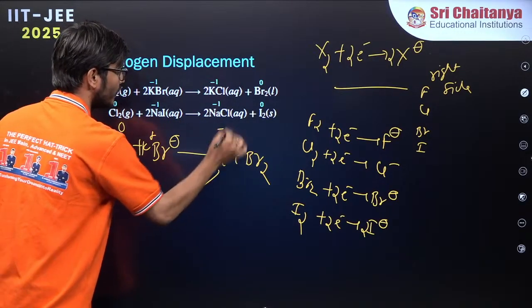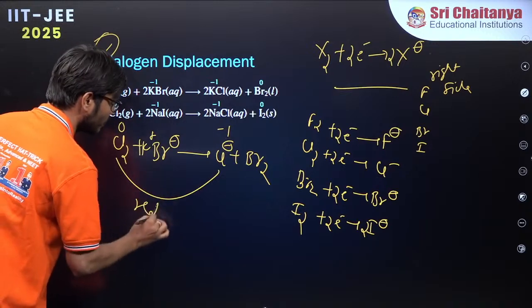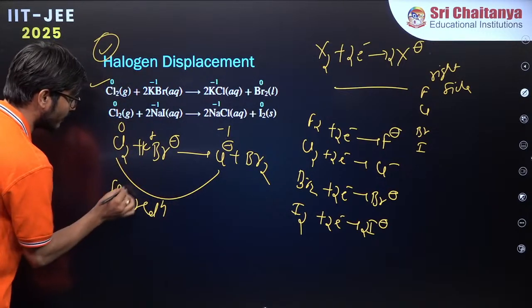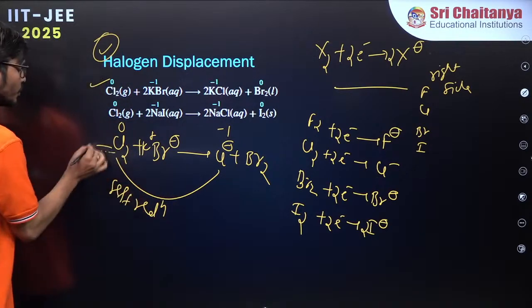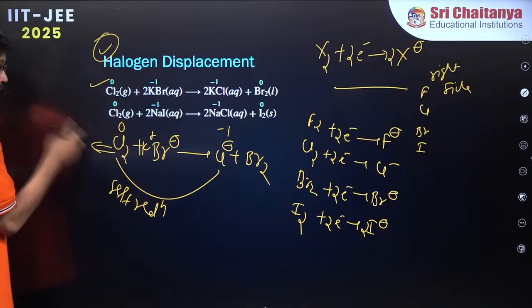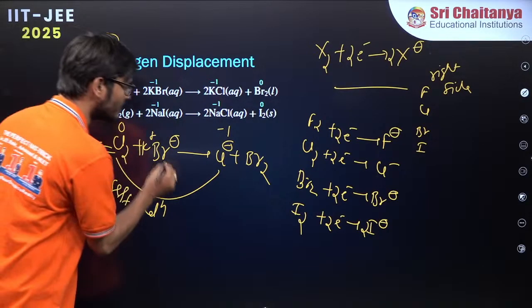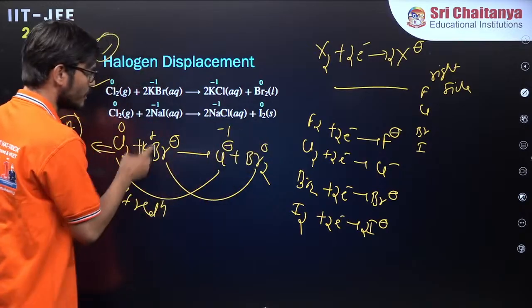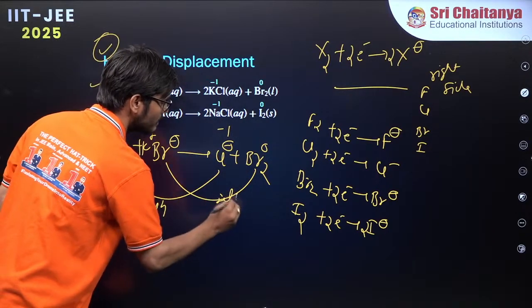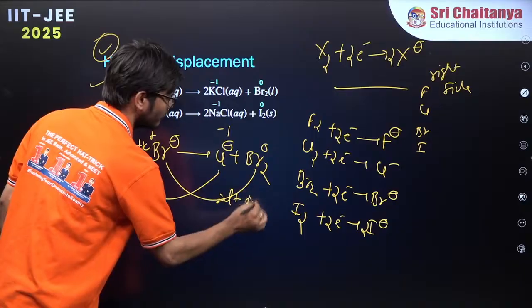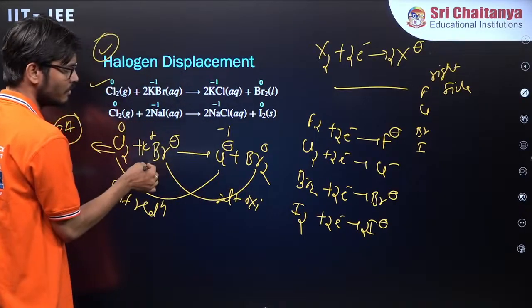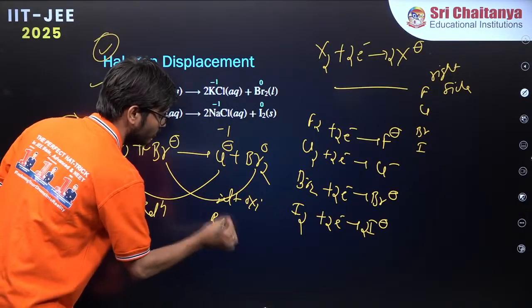So this is called reduction. And because it is doing self reduction, therefore Cl2 is known as oxidizing agent. Br minus converts from minus 1 to 0. So what happened to itself? Oxidation. Therefore it will act as reducing agent, right? Very good.